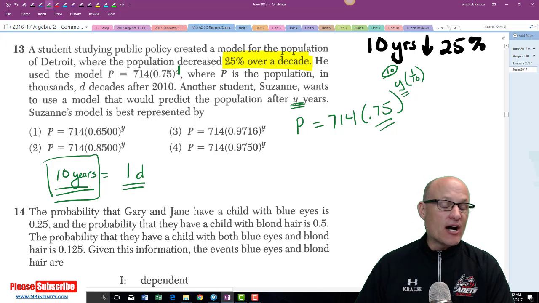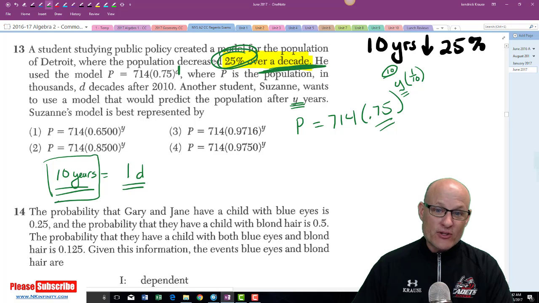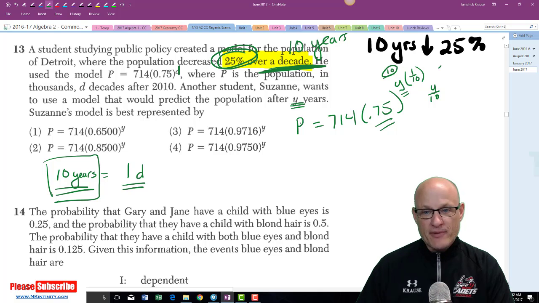Now, the other thing I also said to you is this: when we're doing half-life formulas, doubling formulas, it's every. Well, it's decreasing 25% every 10 years. And I said you always divide by the every. So you could have written this as Y over 10. So we'll just select that one. Oh, they don't have it.